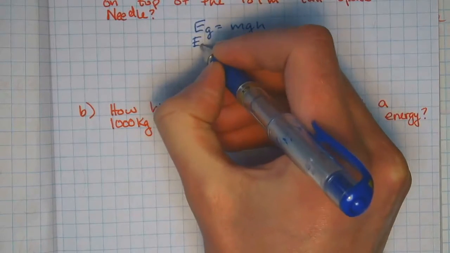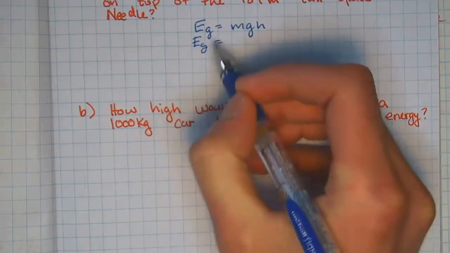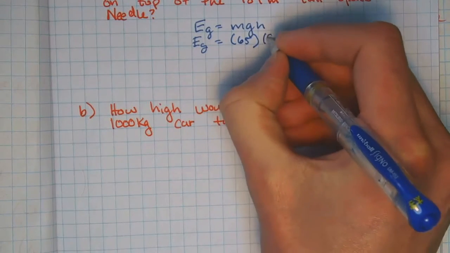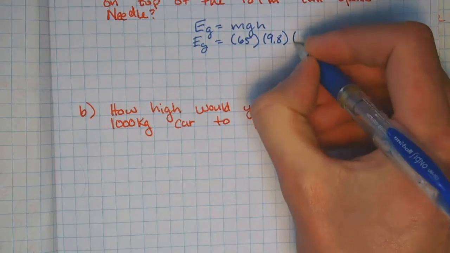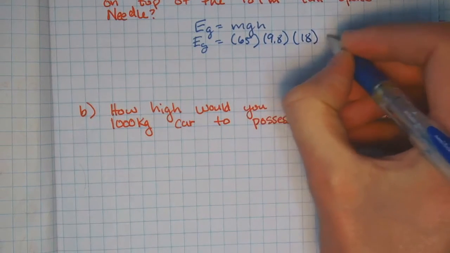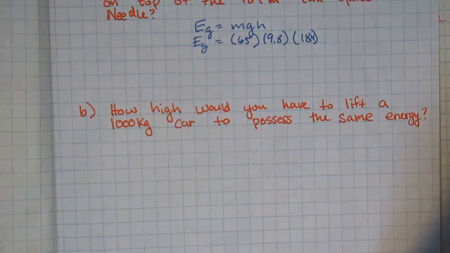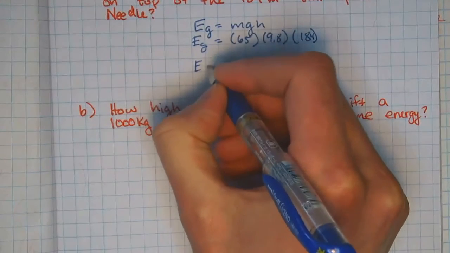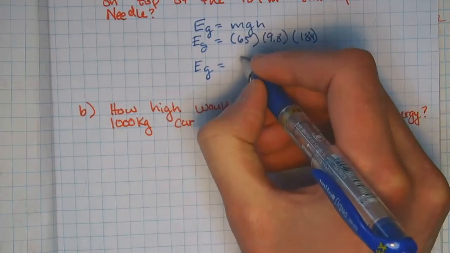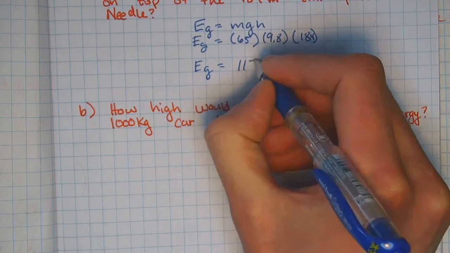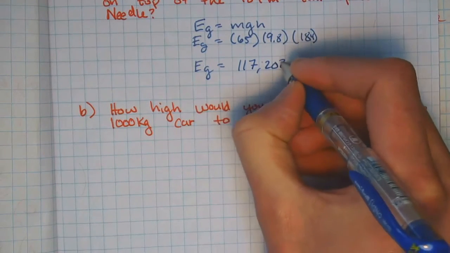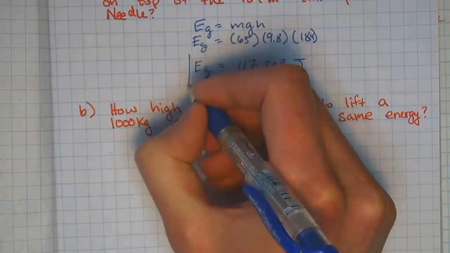We're looking for the gravitational energy, Eg, and we just plug in the 65, the 9.8 for g, and the height 184. Plug that into your calculator, and you're going to get 117,208 joules of gravitational energy.